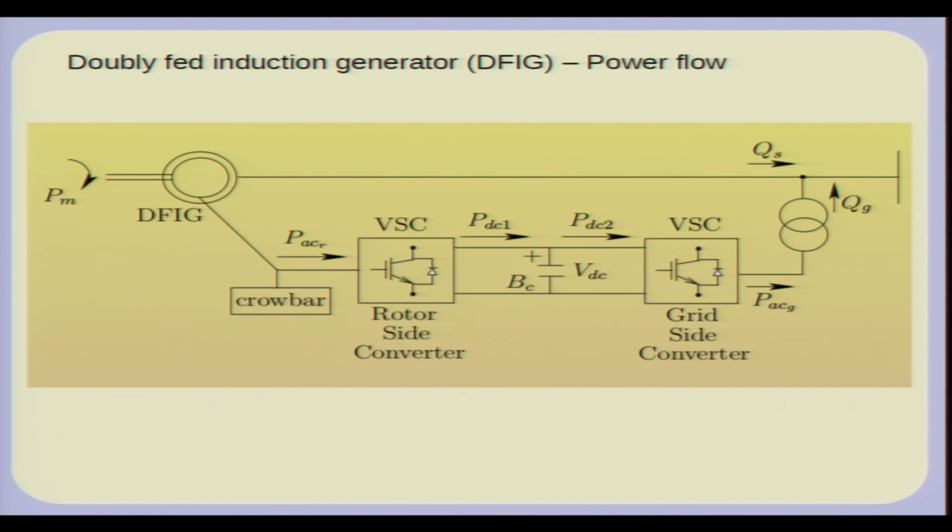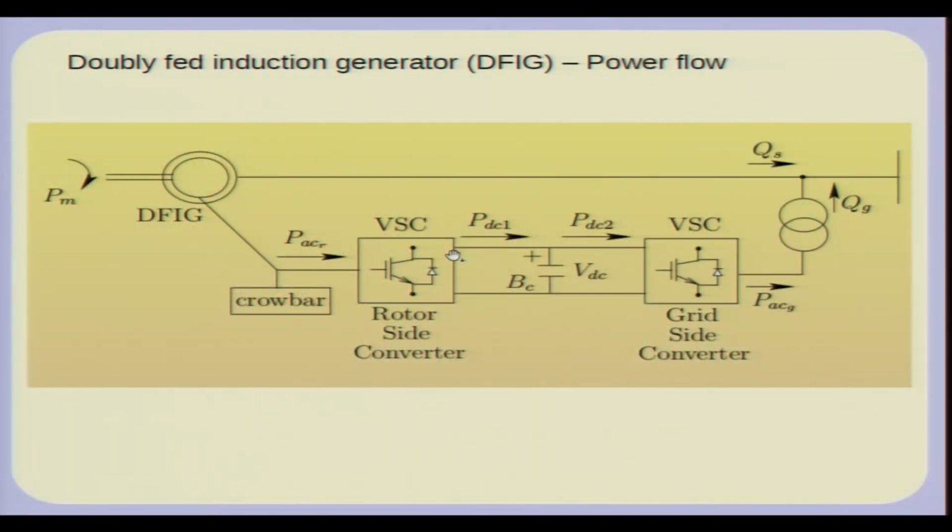A doubly fed induction generator is one scheme, you can have various schemes, in which you can actually control the characteristic of the machine, that is the torque speed characteristic of the machine. Normally, as you know, a squirrel cage induction machine acts like a generator if its speed is greater than the frequency of the supply to which it is connected.